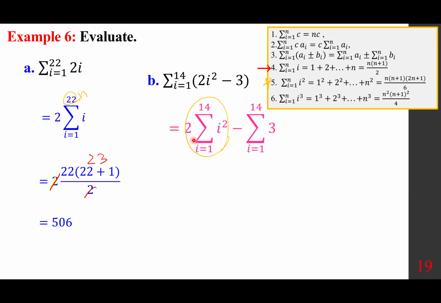So this gives you 2 times n, which is 14, times n plus 1, 14 plus 1, times 2n plus 1, 2 times 14 plus 1, divided by 6.